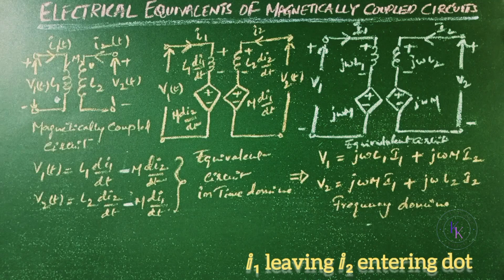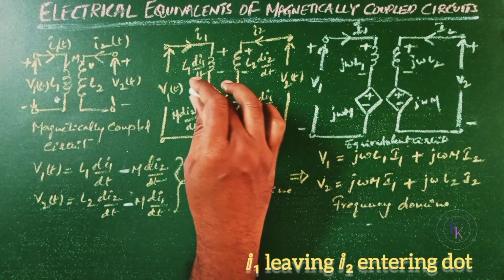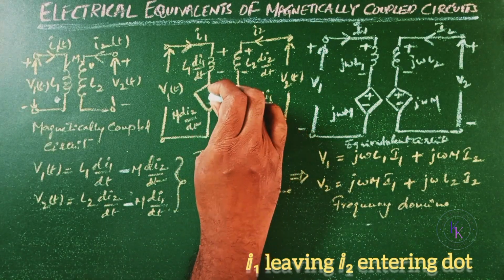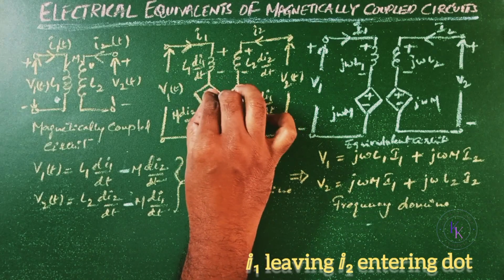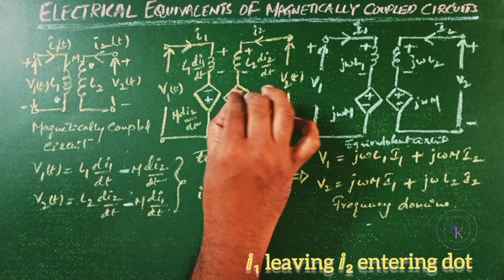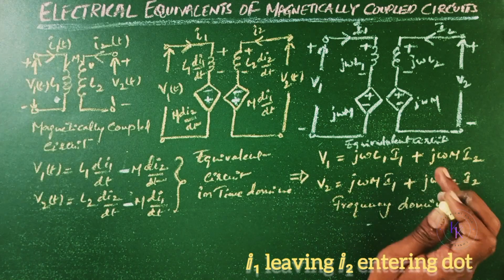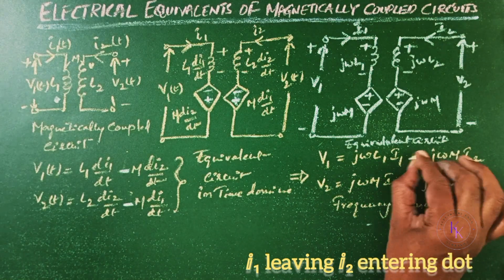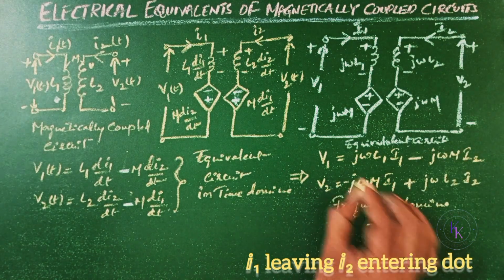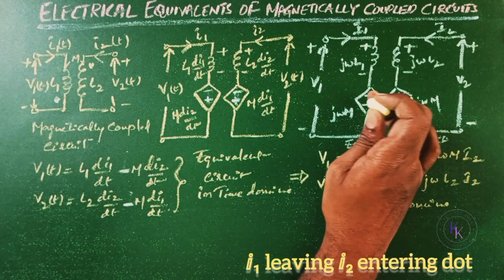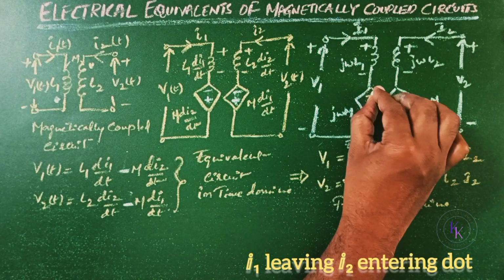Then in the equivalent circuit in time domain we get a change in the polarities of M, negative and positive, negative and positive. In frequency domain equations also, the second term in the first equation will become negative and the first term of the second equation will become negative. Here also the polarities change.